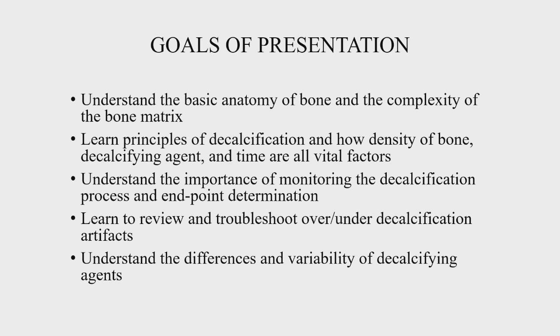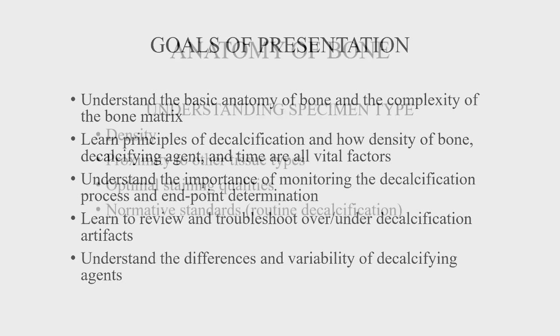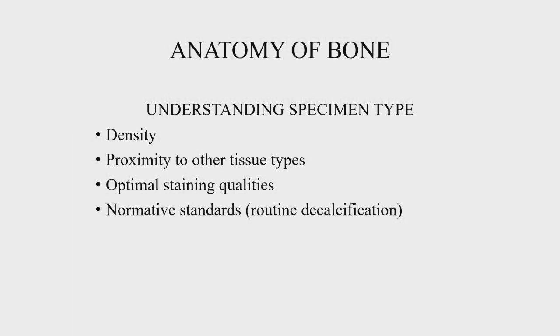It'll help you with problem solving and figure out what to do next if it's not going how it's supposed to. With regular tissues, you fix it, process it, embed it, section it, and so forth. But as I said before, bone specimens have their own certain things about them that make them a little bit different. So understanding the theory really helps.